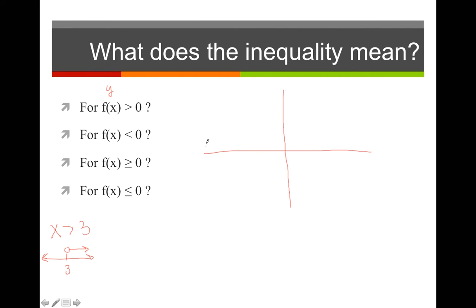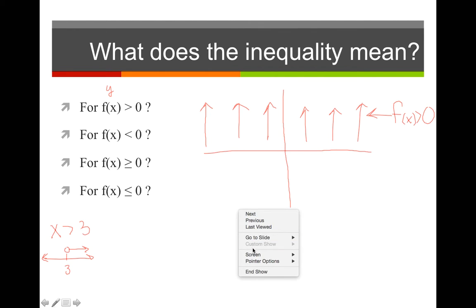And that's everything up here. This, in quadrants 1 and 2, all of this is where f of x is greater than 0. Right? That should be very straightforward.